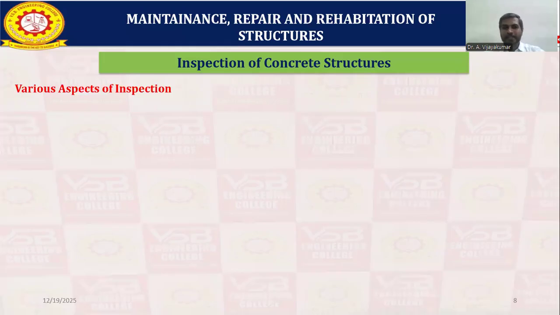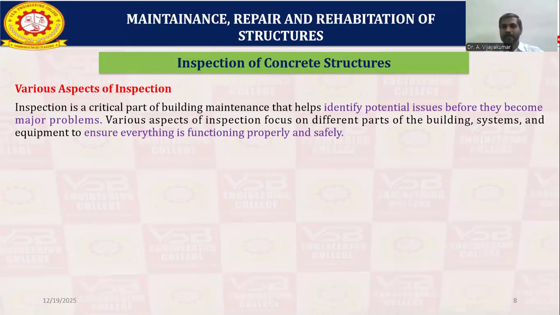So, various aspects of the inspection of our existing structures. Inspection is a critical part of building maintenance. It helps identify potential issues before they become a major problem. If any cracks or damage occur initially, we need to take care of them immediately.